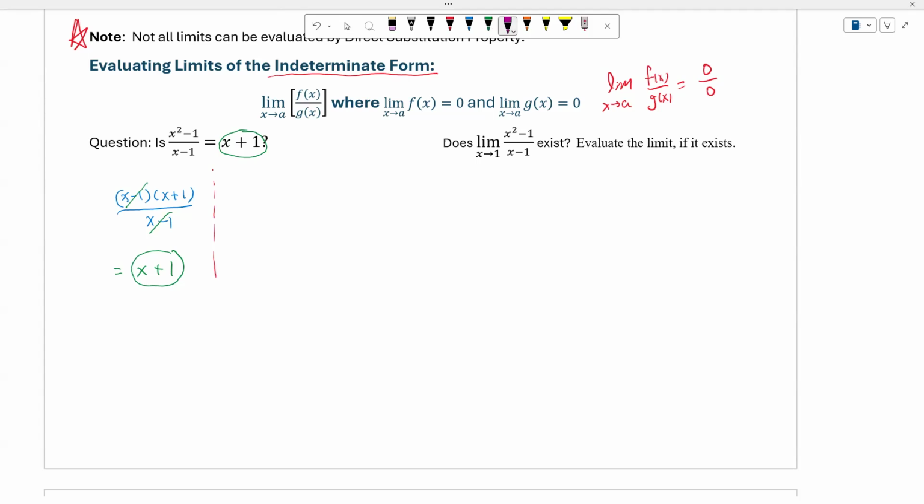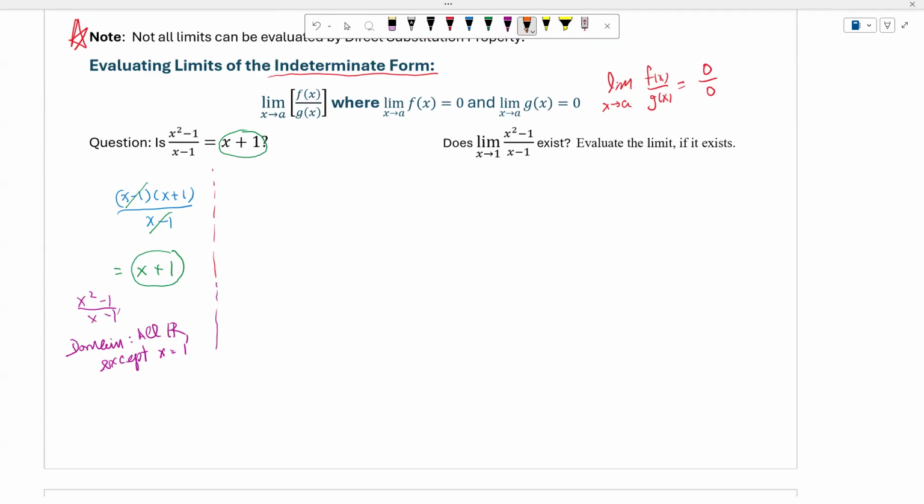Then why are they not equal? Let us look at this. The one on the left-hand side, x squared minus 1 over x minus 1, what is the domain? The domain is actually all real numbers except x equal to 1, because when x equals 1, the whole thing is undefined, since it is 0 in the denominator.